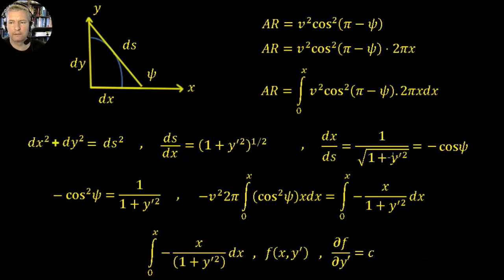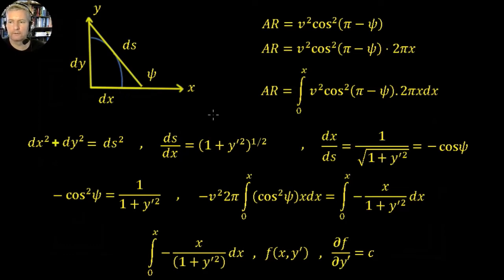But if you look at this value dx by ds, that's just our dx here and our ds. So that's just going to be the cos of this little angle here, which is pi minus phi. But equally we could say that the cos of this angle here, phi, is equal to minus the cos of this little angle in here.